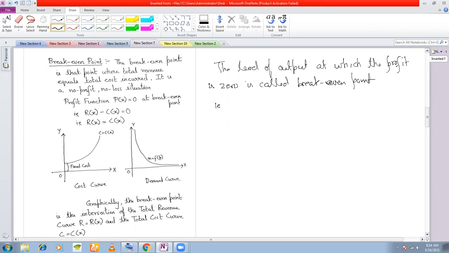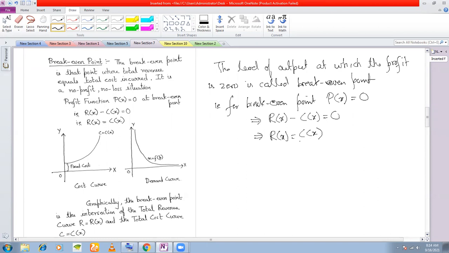Remember this condition for the break-even point: the profit function must vanish. That is, revenue function minus cost function is equal to zero. That means at the break-even point, the revenue function will always be equal to the cost function.